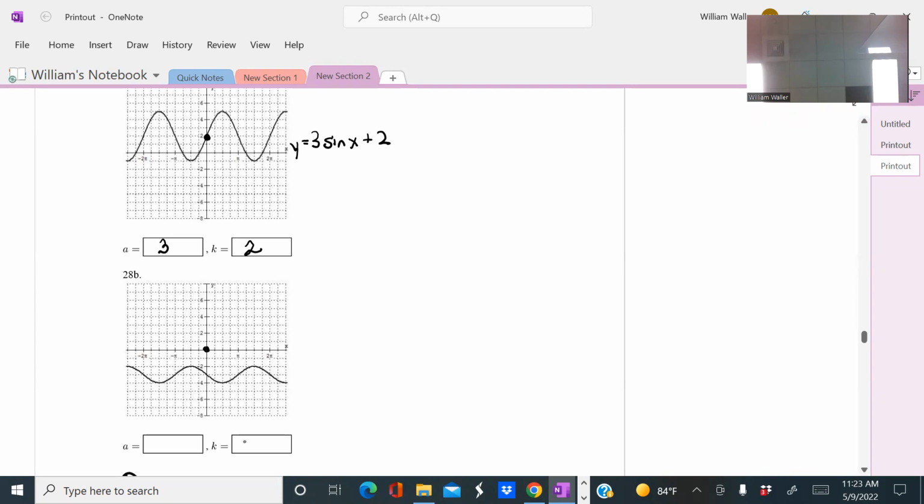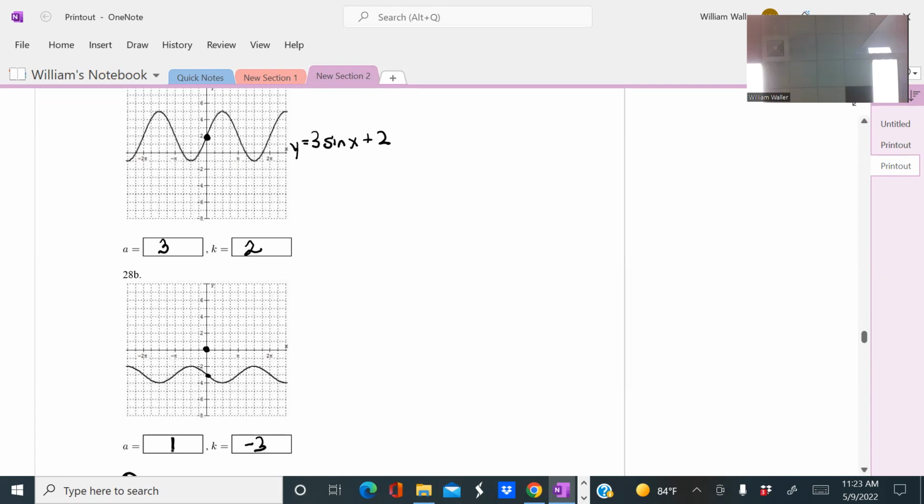So it looks like we've shifted it down by 3. Now, did we really change the amplitude at all? Let's see. So there's kind of the middle of the sine curve. How far up are we going? This is at -3. We're going up only to 2 and down to -4. That's only 1 again, right?